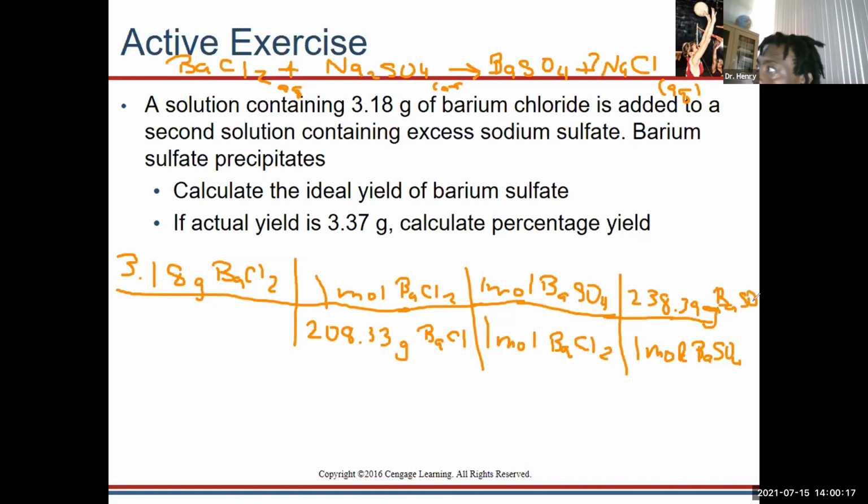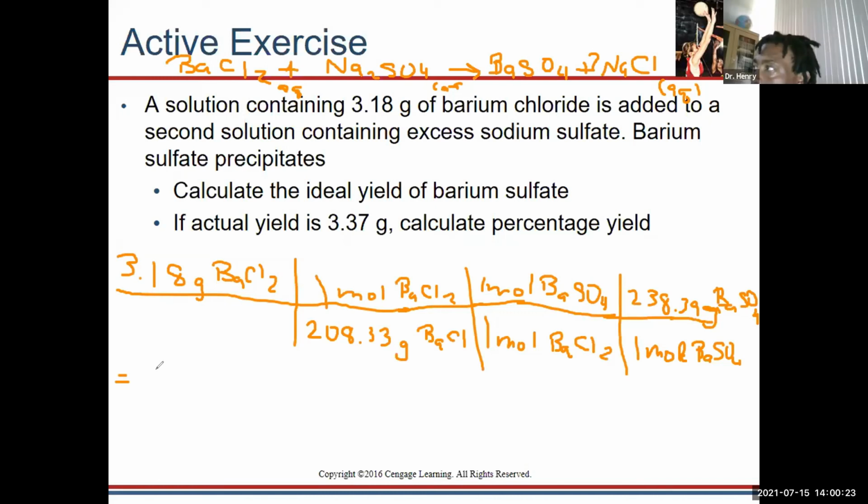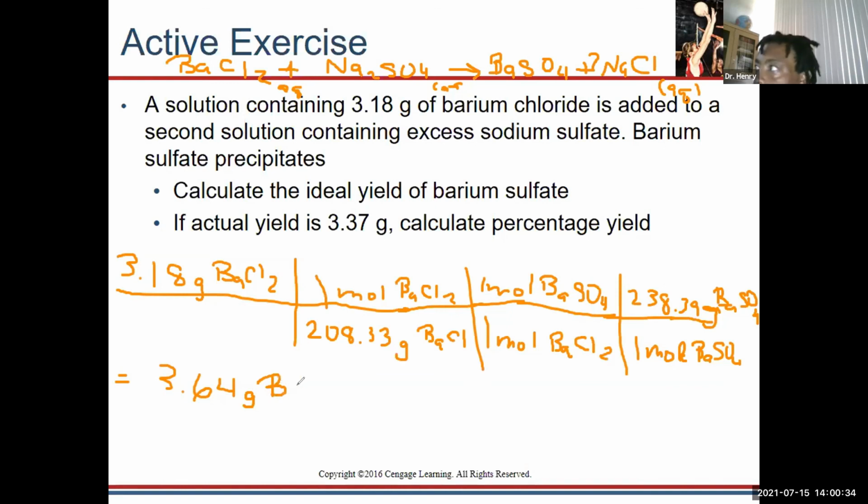Now this here is going to be our ideal number, right? So that's going to equal our ideal barium sulfate, which was 3.64 grams. So ideally, based upon our calculation on the piece of paper, that's what we're going to get, right?